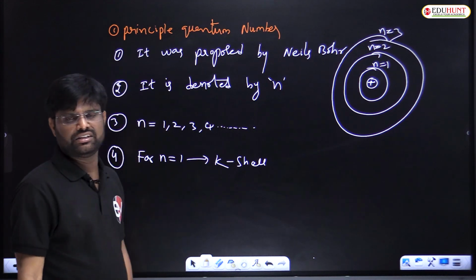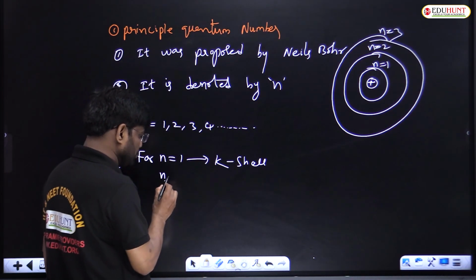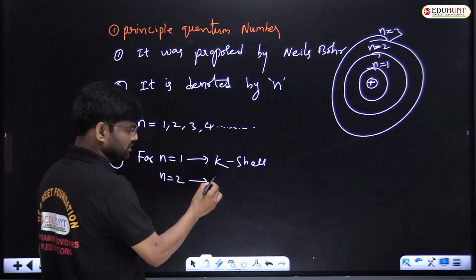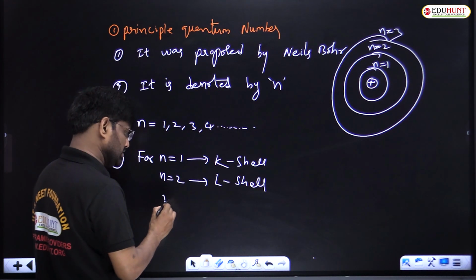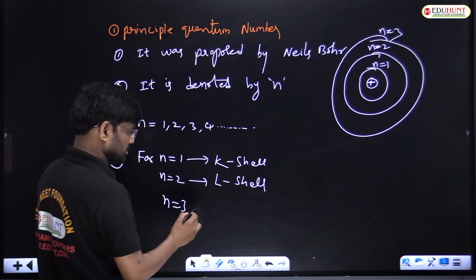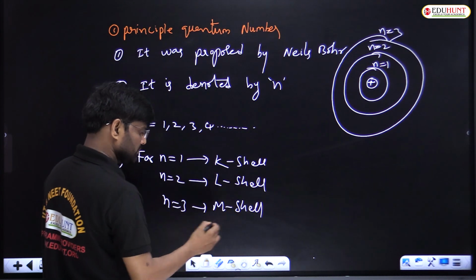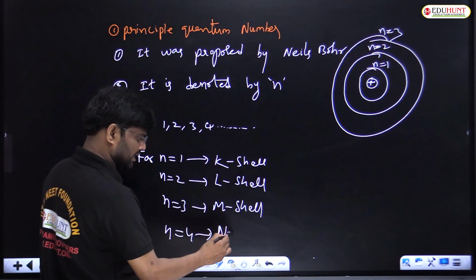Already we discussed this in Bohr's atomic model. For n equal to 2, it is the L shell. N equal to 3 is the M shell. N equal to 4 is the N shell.